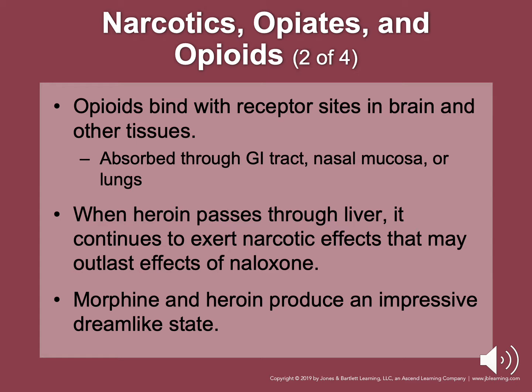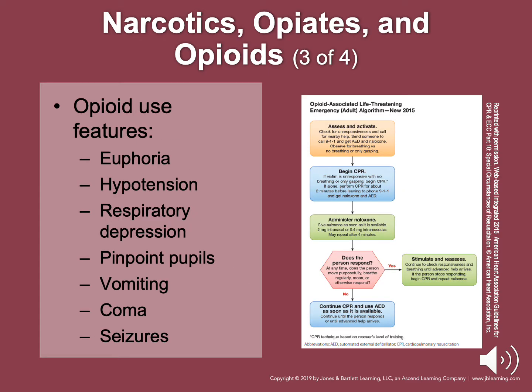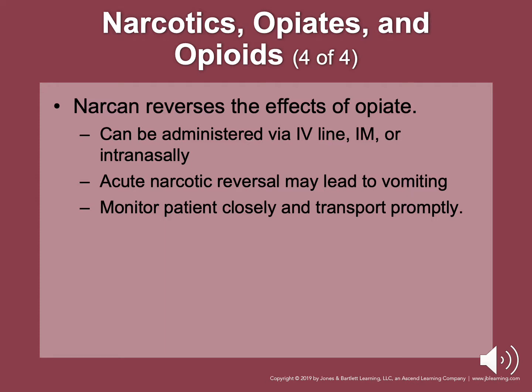The reversal of this and the treatment is Narcan, naloxone. It reverses the effects. Its dosage is 0.4 to 2 milligrams, and it can be administered IV, IM, or intranasally. It may precipitate withdrawal syndromes resulting in violent behavior or seizure-like activity.